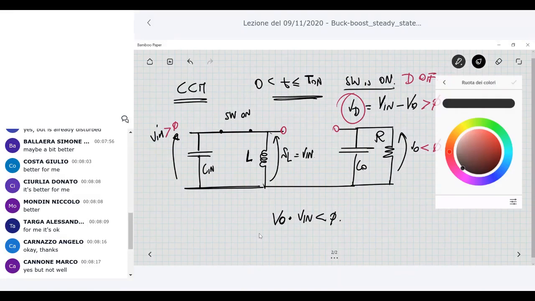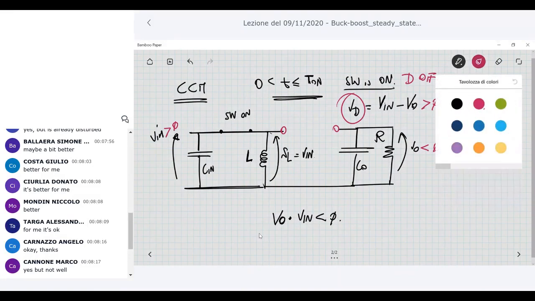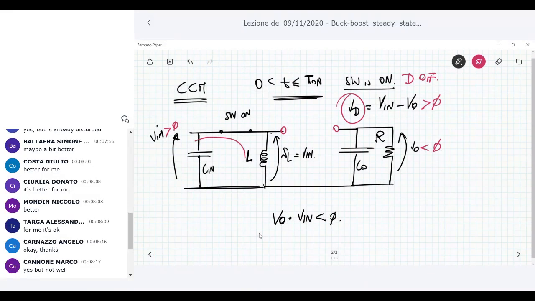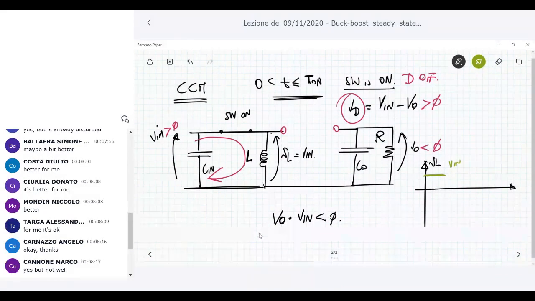As you can see here, the power provided by the input source is now totally devoted to charging the input inductor, to store the energy within the magnetic field of the input inductor L. If you look at the voltage VL, the voltage across the inductor, this voltage is V in during this time interval, which is T on.